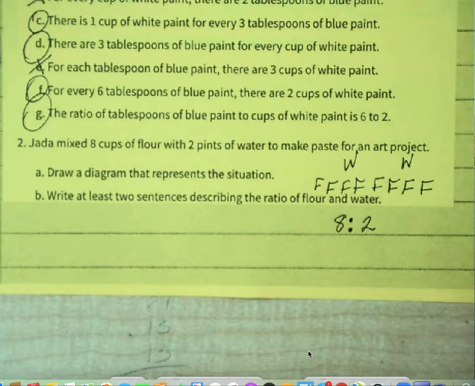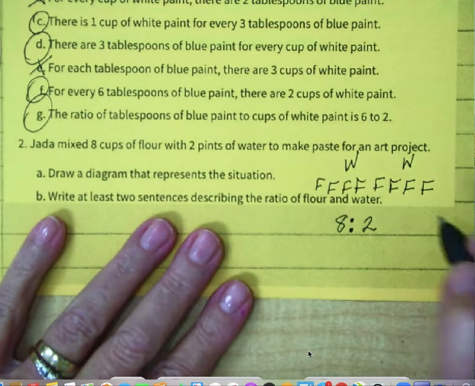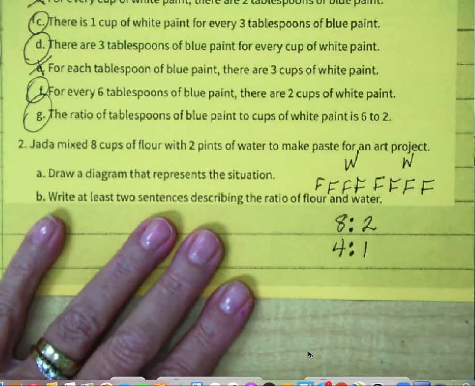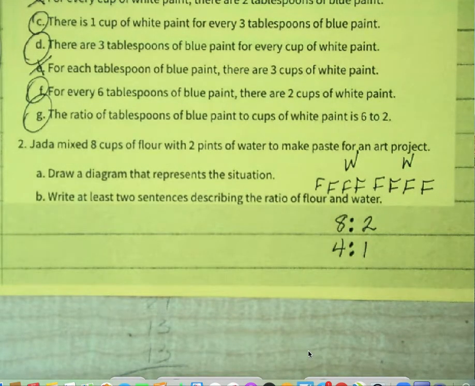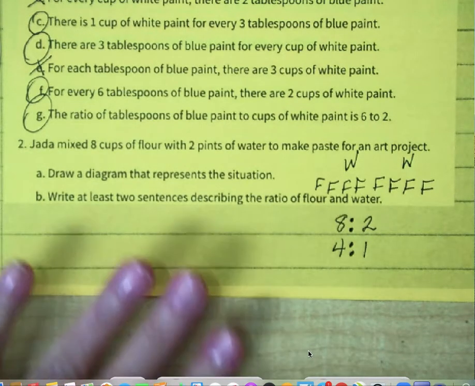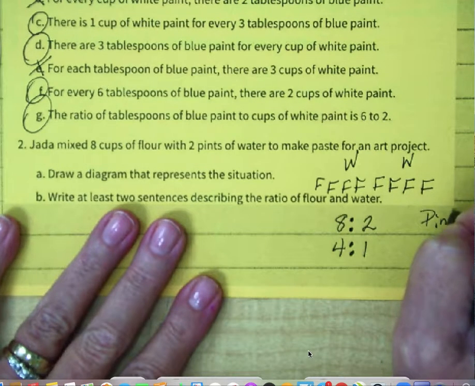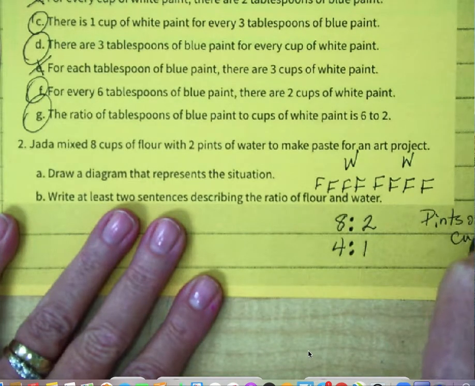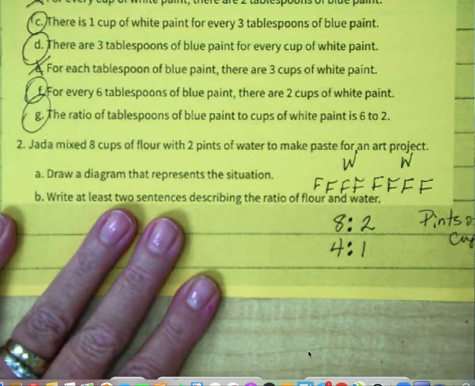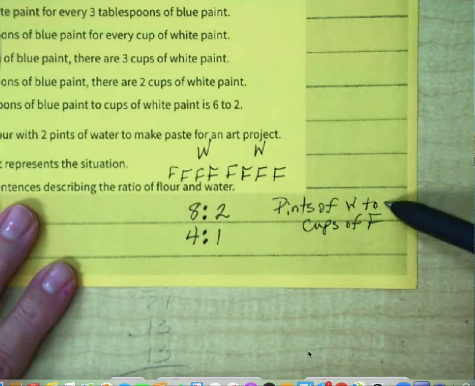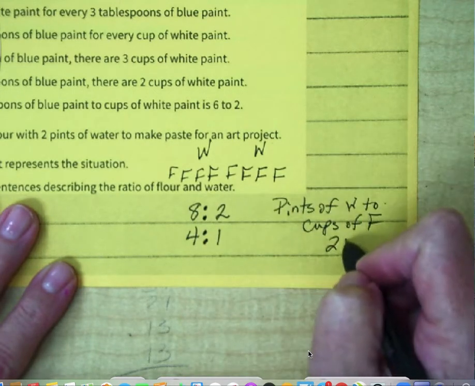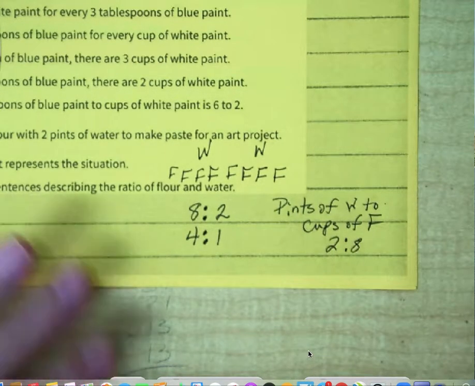Can we write it another way? Can we write flour is 4, water is 1? We certainly can. Could we do pints of water? Oops, sorry. Pints of water. How many waters? 2. To how much flour? 8. I mean, we could get creative with this.